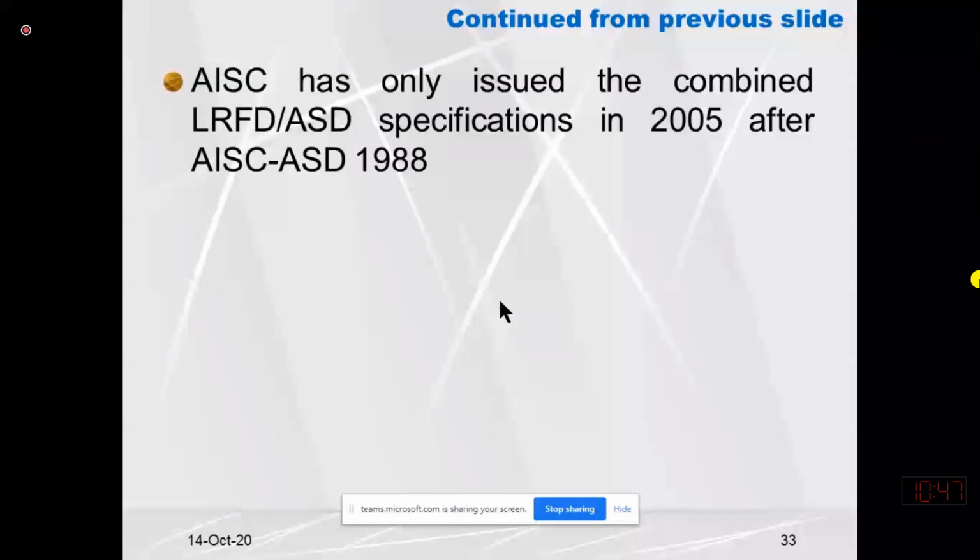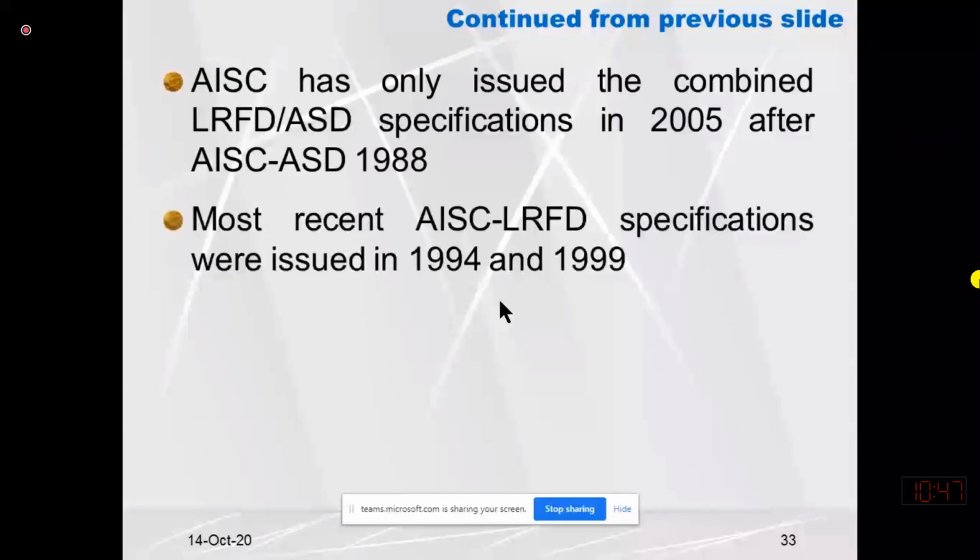They gave the specification for a particular member design by adopting the ASD method and LRFD. This specification has now been revised in 2018.